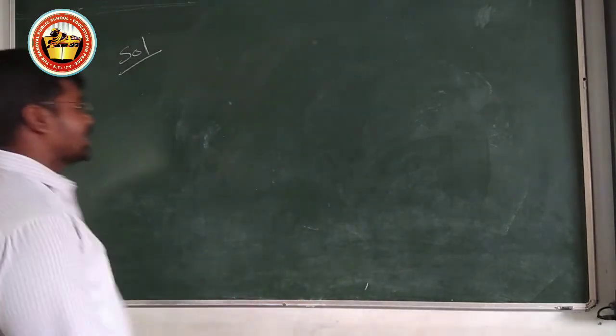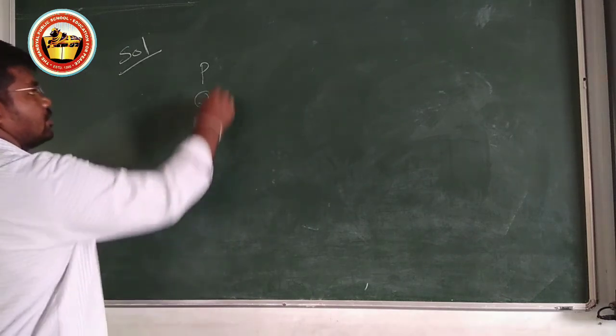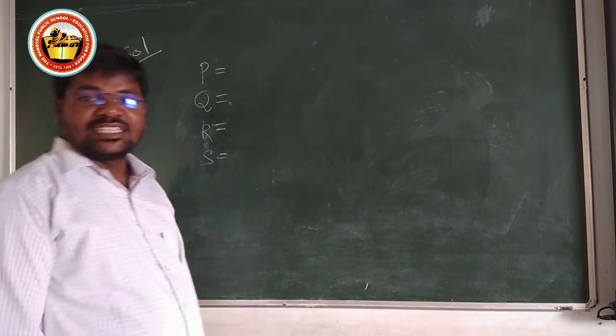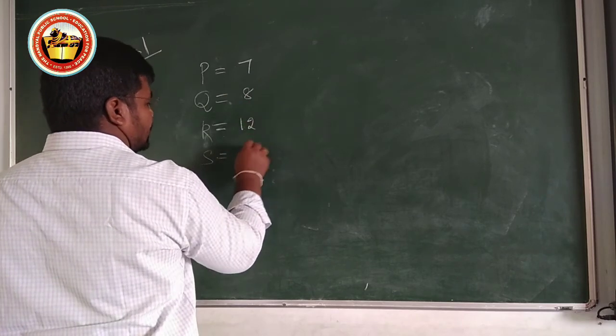The given P, Q, R, S resistances are 7, 8, 12, 7 ohms.